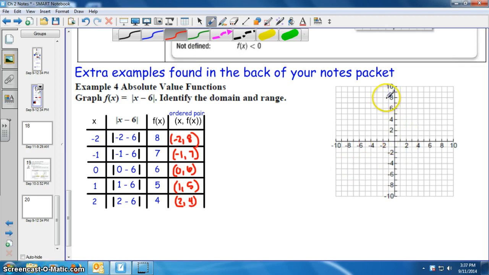So negative 2 going up to 8, negative 1, 7, 0, 6, 1, 5, and 2, 4. All right, so we're going to plot our point and continue on. You might have to plug in a few more values until you get your V shape and then draw your lines.